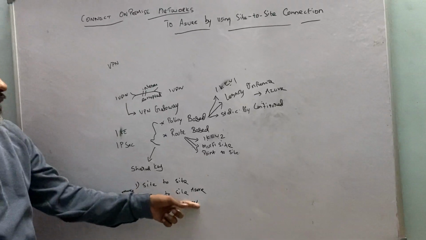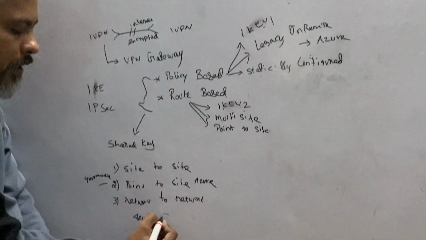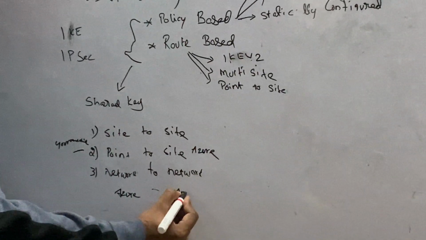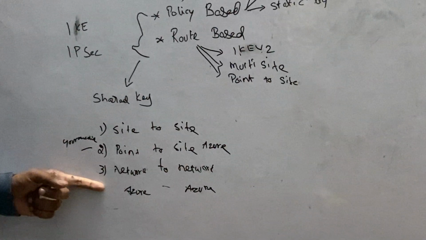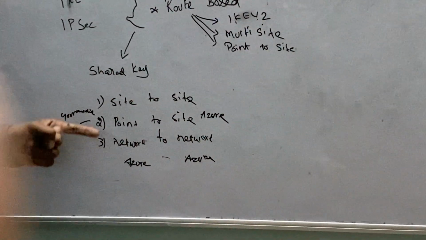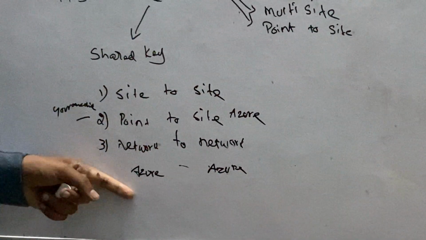And network to network is nothing but two Azure networks connecting to another Azure network. So basically, there are three types of virtual private gateways: site to site, point to site, and network to network.